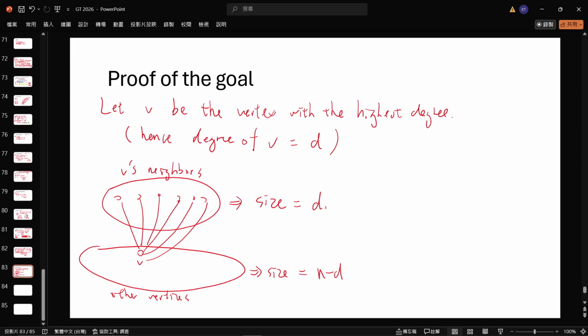Now, obviously, we have some other vertices in this set. What can you say about this graph if I tell you that this is a triangle-free graph? Because the assumption is that we only consider triangle-free graphs.